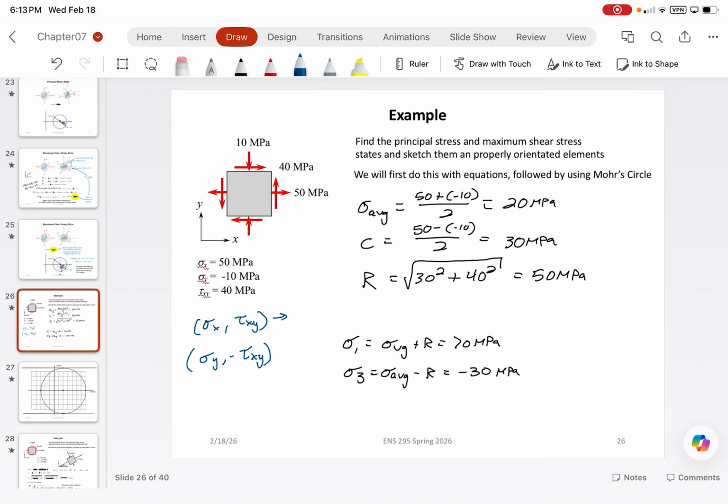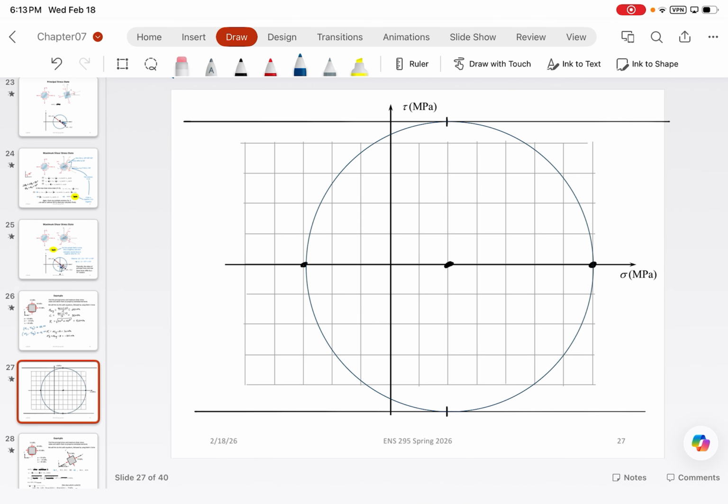So this gives us 50, comma, 40, and then negative 10, comma, negative 40. So 10, 20, 30, 40, 50. 10, 20, 30, 40. It's roughly there. It should be running directly through the 40 line. Again, it's a very rough sketch. And then we have negative 10, comma 40, so roughly here.